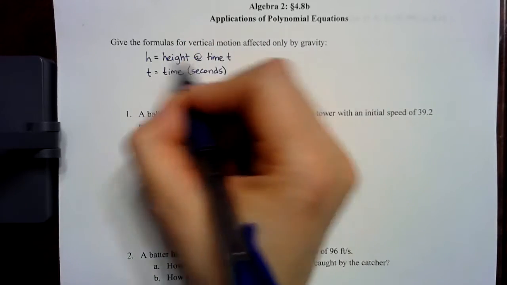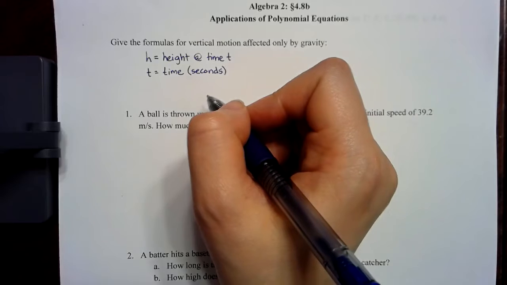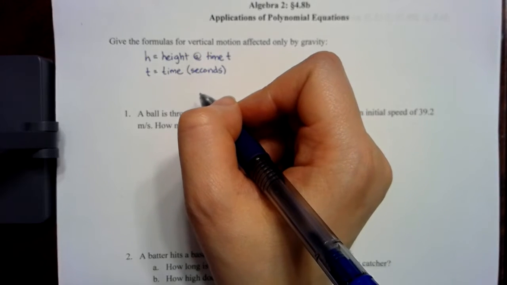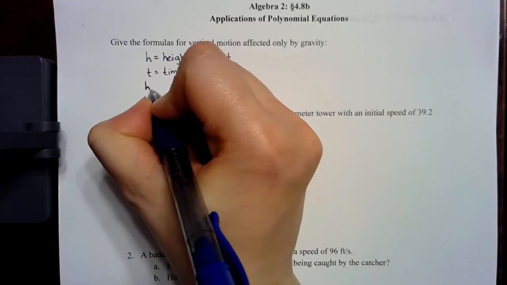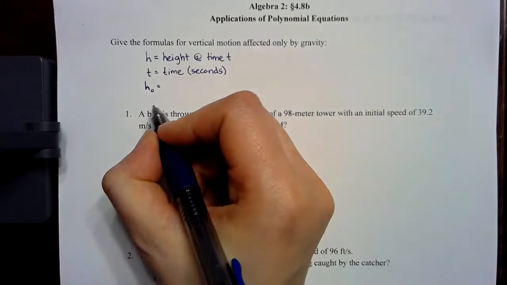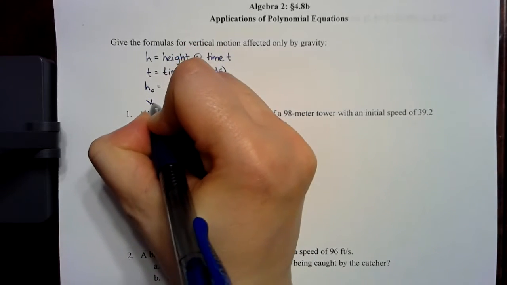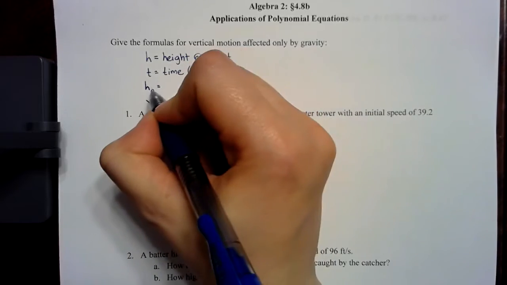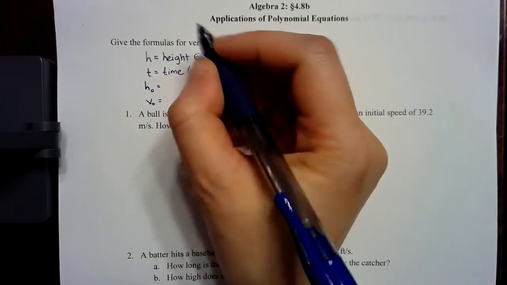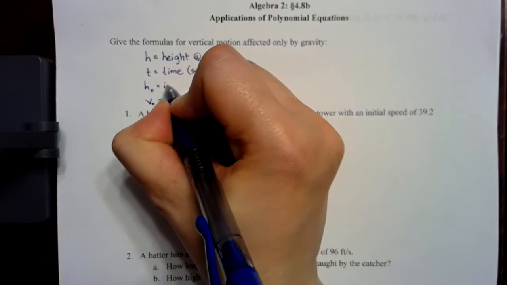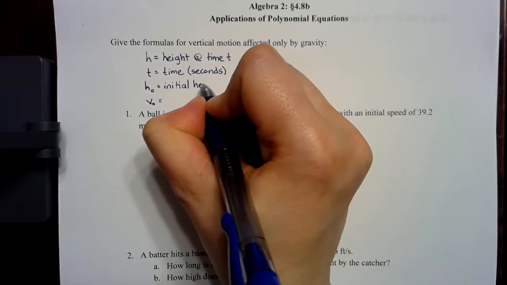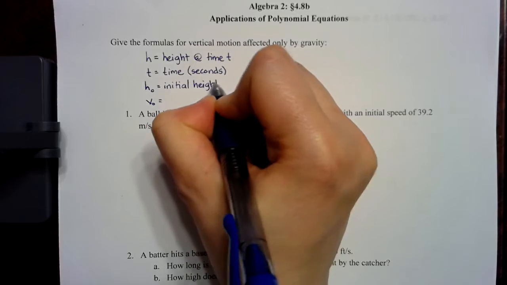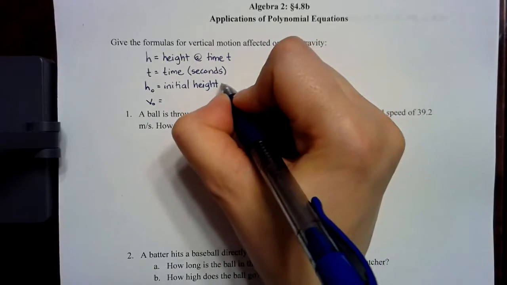And we have a couple of more things that look like variables in our equations, but will actually be numbers. We have h with a little zero, h0, and v0. So h0 is the height at time 0, or the initial height.